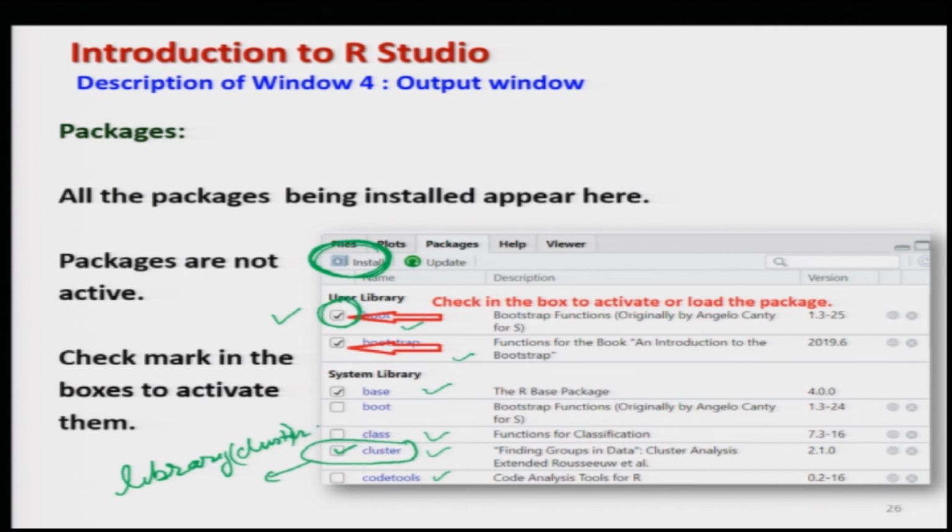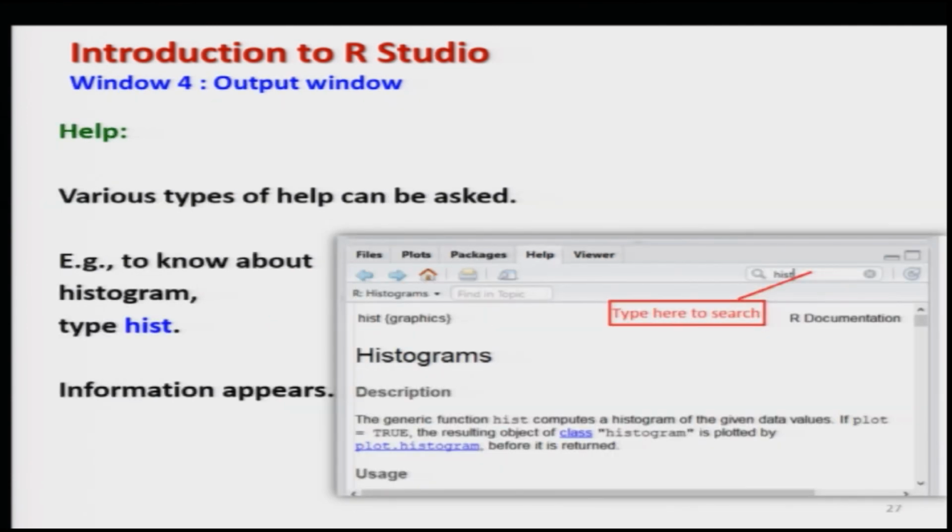So that is the advantage you can see here: the chances of making a typing mistake in writing the commands library or install.packages are reduced. And if you want to take any help, just go to Help and type a few letters, and you will get some options to choose from.